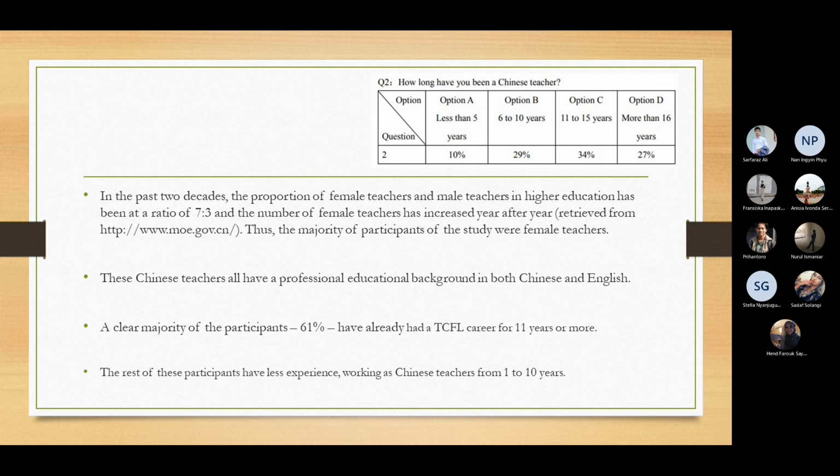As I told you earlier, they have different types of experience and have given different periods in their teaching, whether some of them were related with TCFL and some with both the bilingual and English language too. The rest of the participants have less experience working as Chinese teachers, ranging from 1 to 10 years.